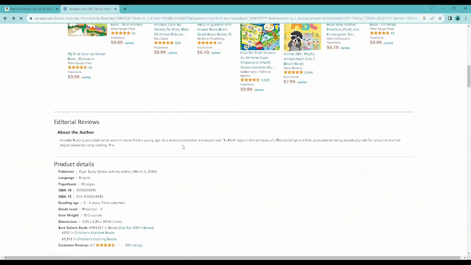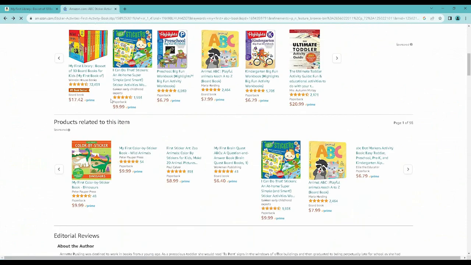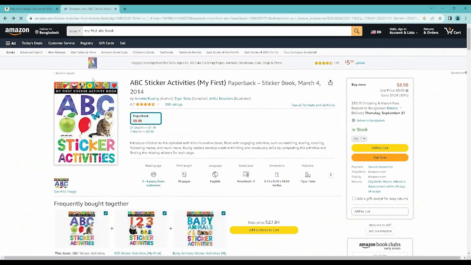Just looking inside, the look inside picture. For this sticker book the look inside picture is not available.